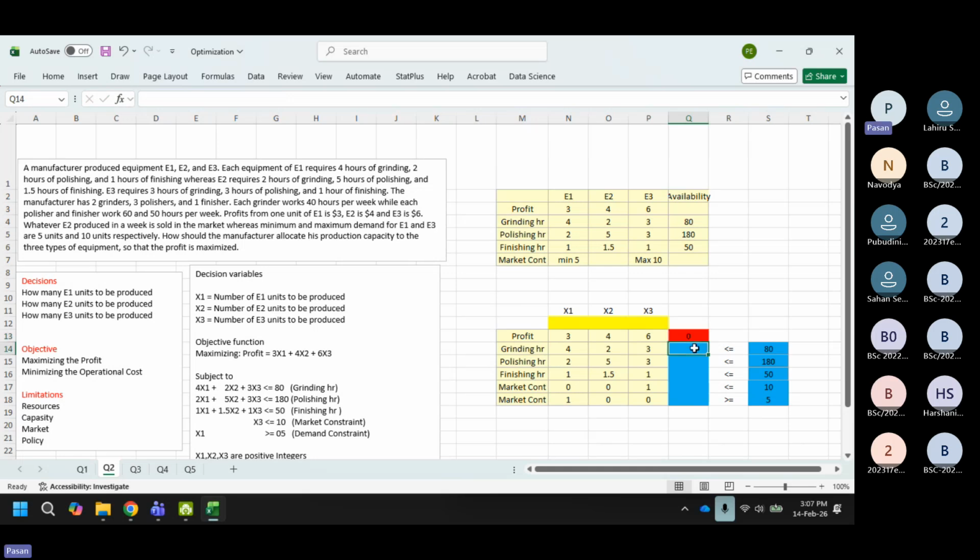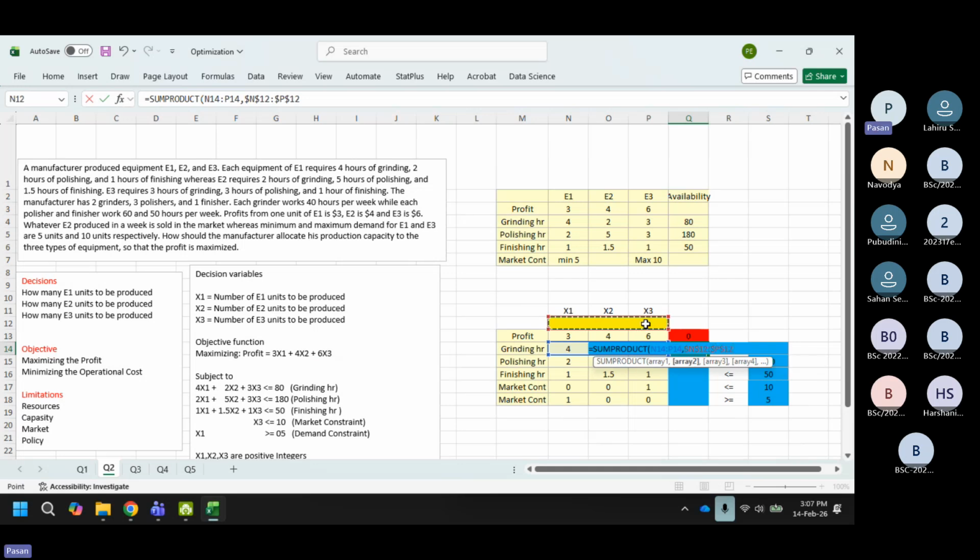And then I can find the constraints here. The product of these cells here, multiplied with this one, and I can make them fixed. And I can pull this down, all of these. So I'm multiplying them, right? And I'm having the constraints defined like that.